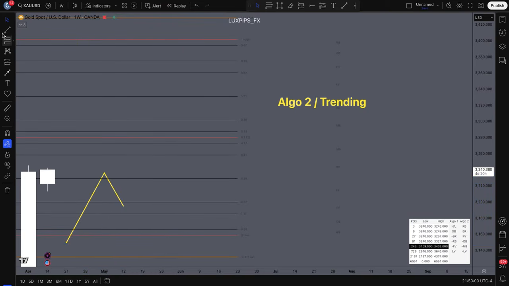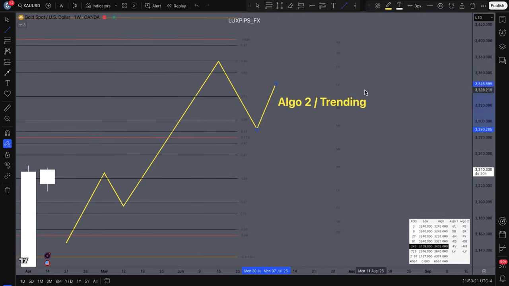From the FEG zone, you can expect price to go all the way up to the opposing or the premium order block. And here the rest of it will be premium mitigation and end at the premium liquidity void.